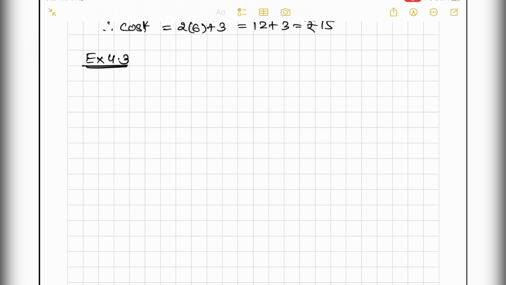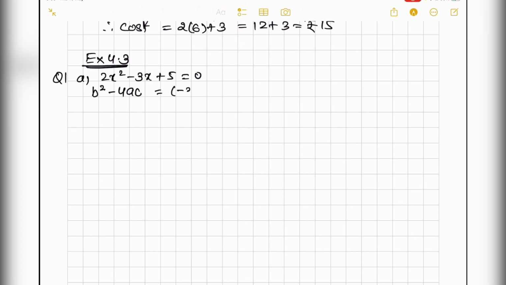Now exercise 4.3 says find the nature of roots of the following quadratic equations. If real roots exist, then find them. So the first question: I am given the equation 2x square minus 3x plus 5 equal to 0. So how will I check? First I will check b square minus 4ac, how much it is coming.